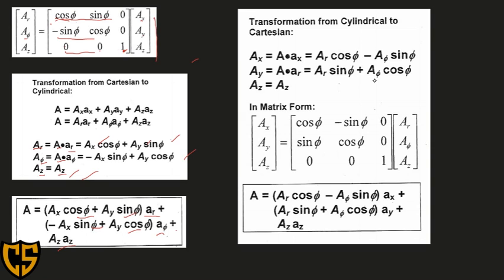So same man na gyapon ang process nga ginagamit naton for transformation from cylindrical to Cartesian. So same lang nga process ang gamiton, and we will arrive with ax, which is equal to ar cosine phi minus a phi sine phi, then ay will be ar sine phi plus a phi cosine phi, az will still be az.